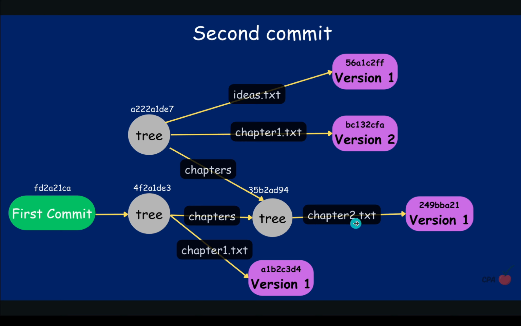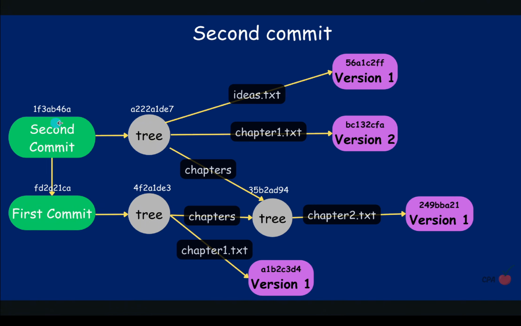How about chapter 2? For chapter 2, actually, the chapters entry points to the same tree as with the previous version, because Alex did not touch the chapter 2 file, so the whole chapters directory was just the same. So the chapters name is still mapped to the same tree object that we had from the previous version.